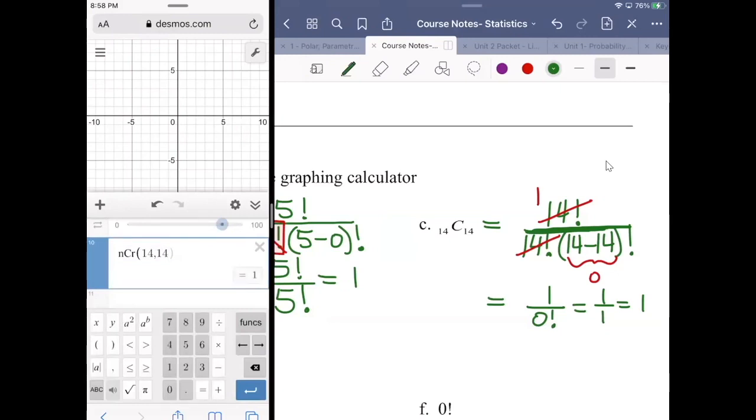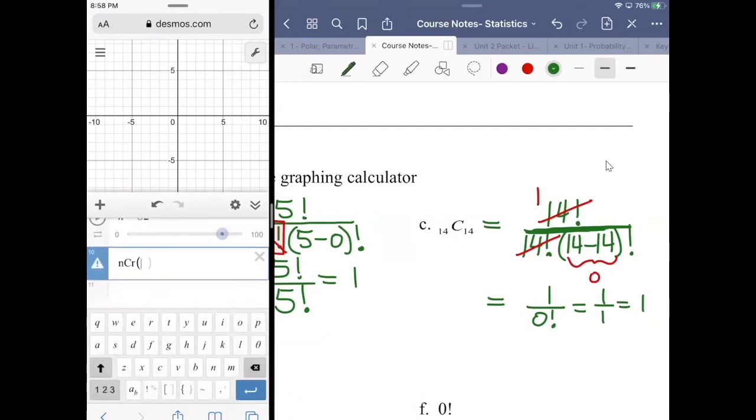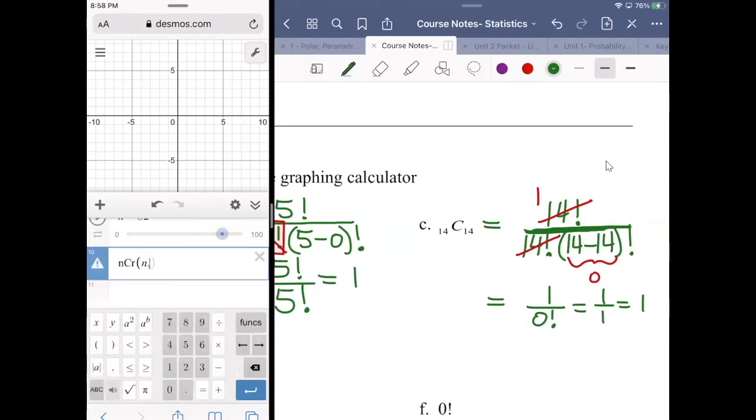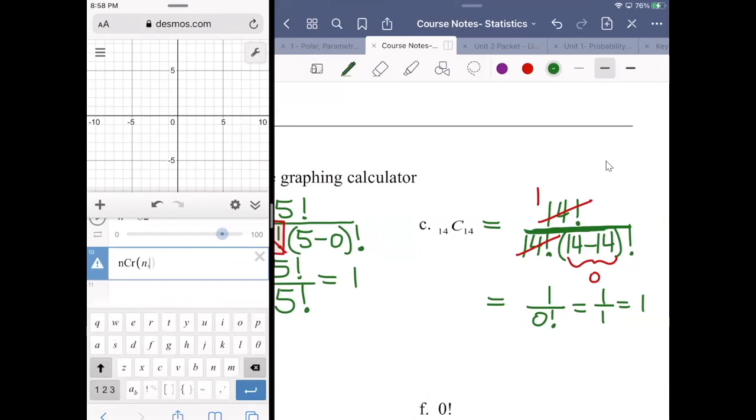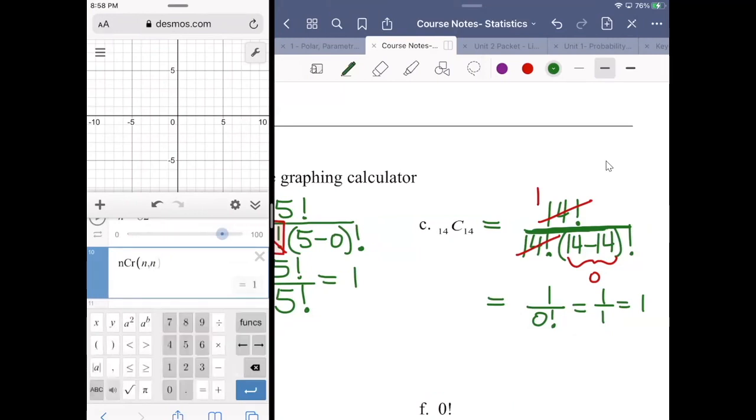You can play around with different values here. You can do the whole slider thing again. I already have a slider for n. So I can say n comma n. That allows for the first and second value to be the same. All right, so first and second value, in this case, I have it at 82. 82C82.